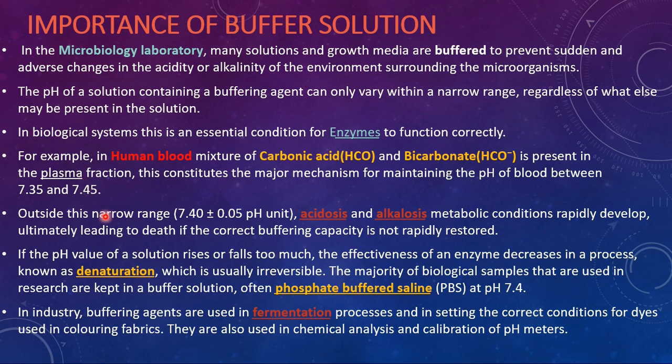Above this or below this, as I told you, we are going to have a condition called acidosis or alkalosis. Metabolic conditions rapidly develop, ultimately leading to death. If the correct buffer capacity is not rapidly restored, that means if the kidneys or the lungs do not react immediately and maintain the pH, obviously the person will die because of these conditions.